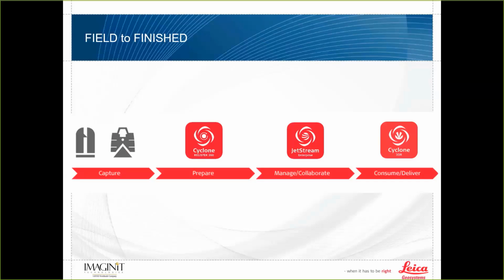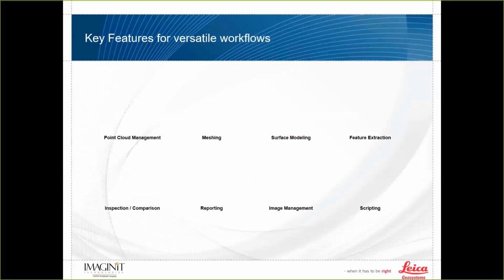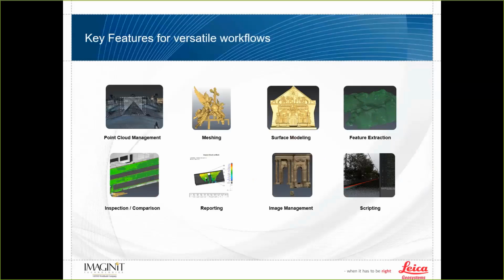Right? All right. And then one of the last things here is just being able to do everything I've said so far and some of the other tools. So what I'm going to do right now is jump over to 3DR, and we're going to look at some of the workflows.